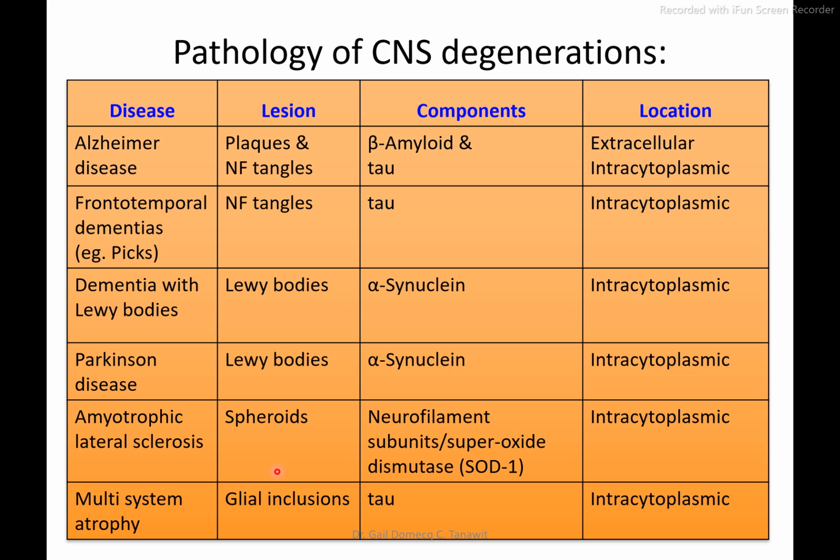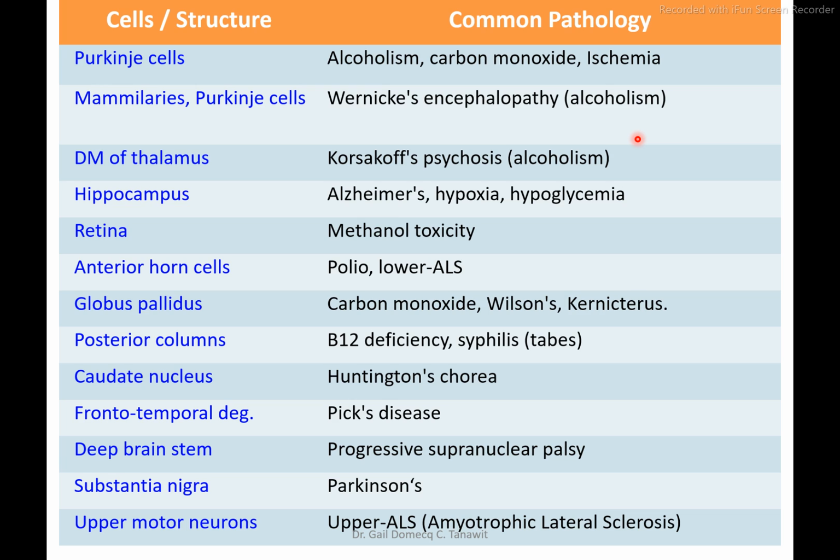So Alzheimer's is quite unique because it has this extracellular component. There are some clues here: Purkinje cells are a common site of pathology if damaged secondary to alcoholism, carbon monoxide, and ischemia. Mammillary bodies and Purkinje cells are usually affected in patients with Wernicke encephalopathy.